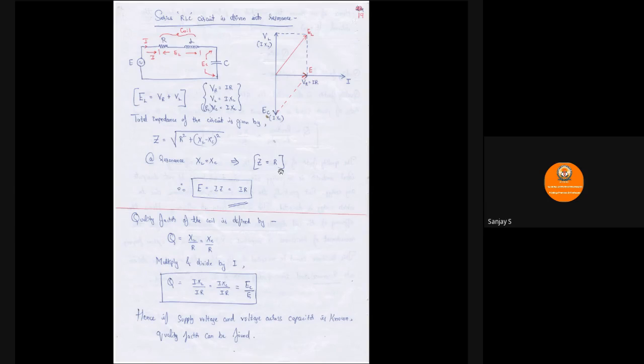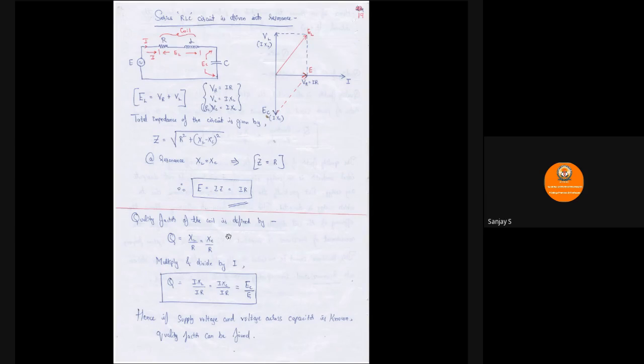Resonance is the only condition where the reactance of the inductor will be equal to that of the capacitor. At that point, net impedance will be equal to R. Already you have studied this concept in your basic electrical engineering, so we'll be using that here in the Q meter. This is the corresponding phasor diagram.